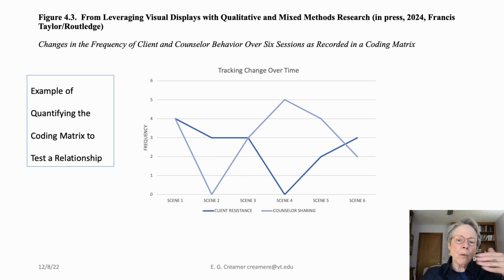But here's a simple way to move from the coding matrix to quantifying. It's very dependent on a good code book, a good coding dictionary, which clearly defines each of the terms and how they're being coded. So there you have it, a little summary to play around with the idea of a coding matrix.